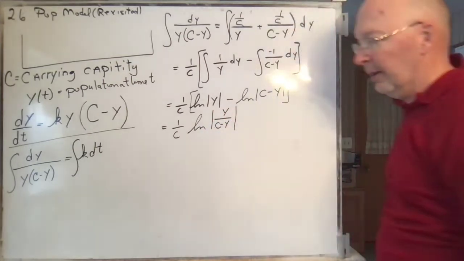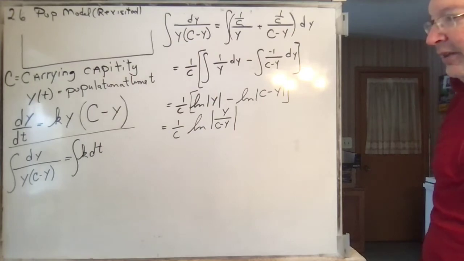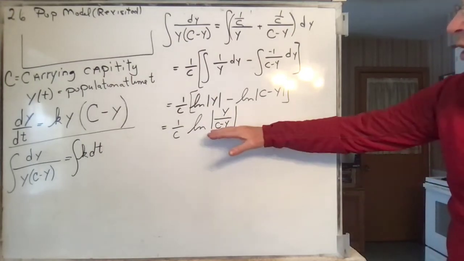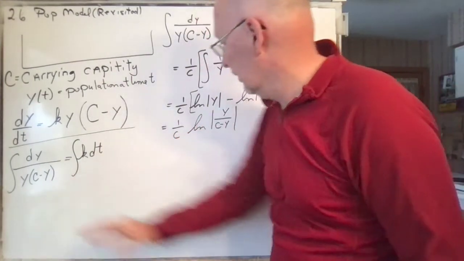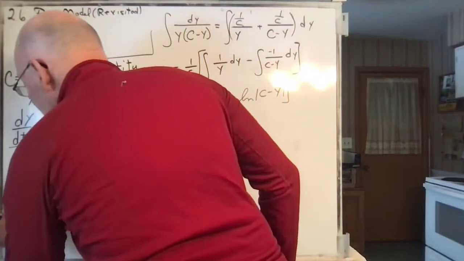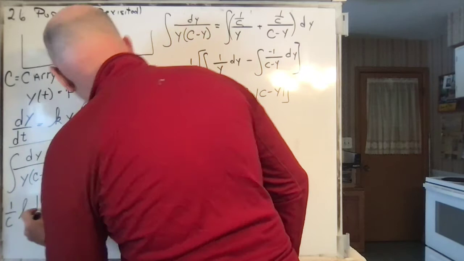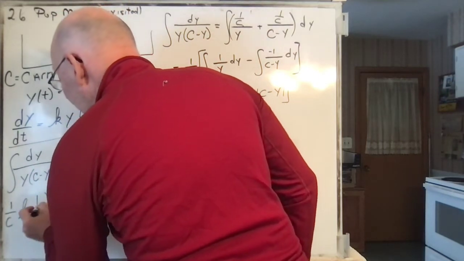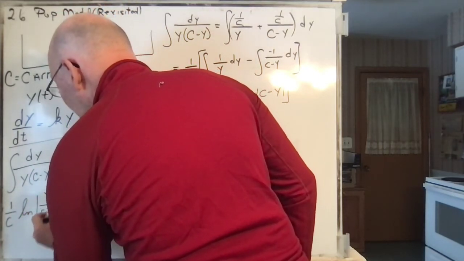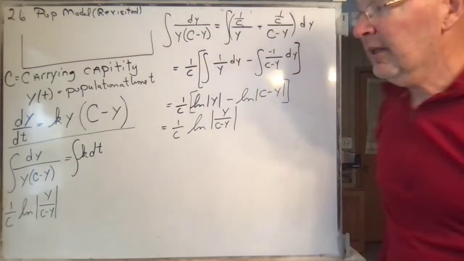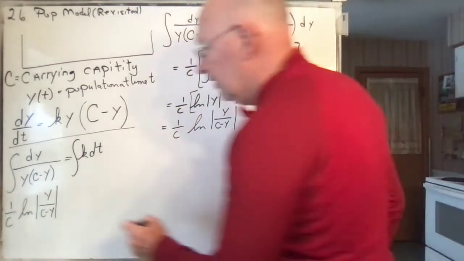That's one of the properties of the ln that we talked about the other day. So all of this can go right there: 1 over c times the ln of the absolute value of y divided by c minus y.